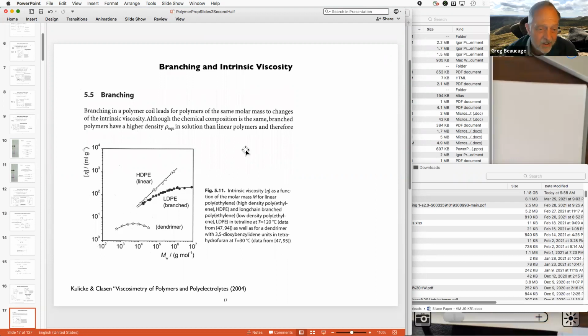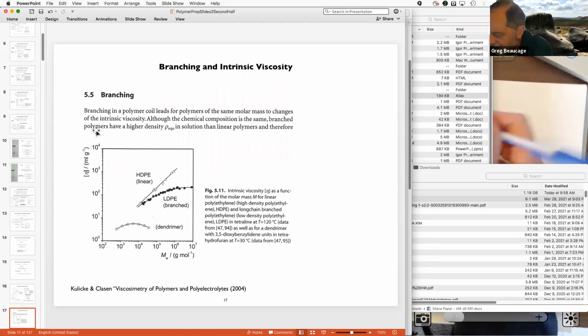This is what happens if you take a polymer of similar molecular weight and measure the intrinsic viscosity as a function of molecular weight. So there's a linear chain, and then low density polyethylene is kind of a shotgun thing. High density is basically kind of linear. I mean, high density has some long chain branches in it, so it's not exactly linear.